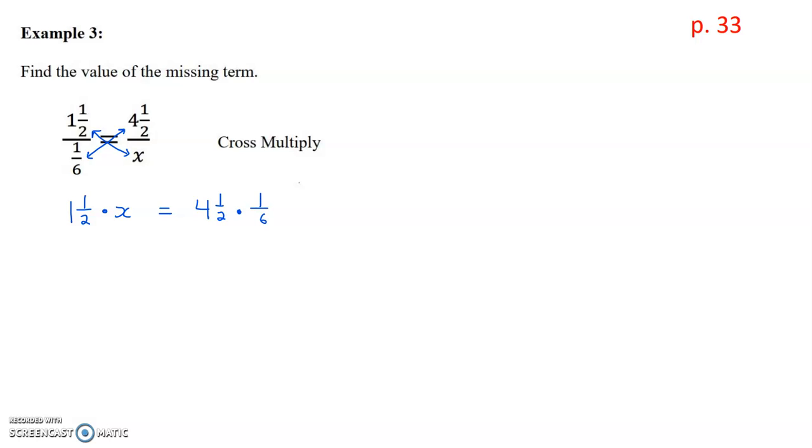So I'm going to solve over on the right-hand side. 4.5 times 1/6, that means I have to change to an improper fraction. So I'm going to do that over here for space. So that's going to give me 9 over 2 times 1 over 6. And I can cross reduce here. I'm going to divide by 3 and divide by 3.